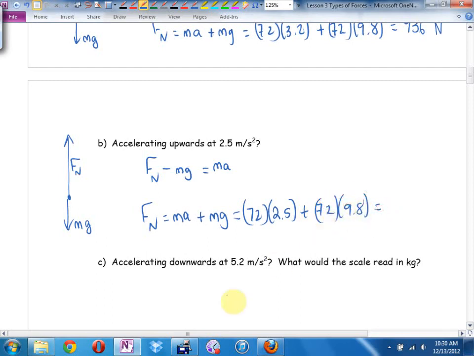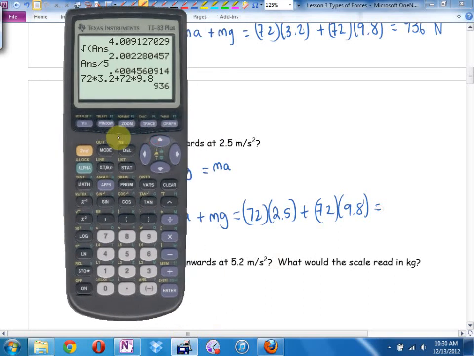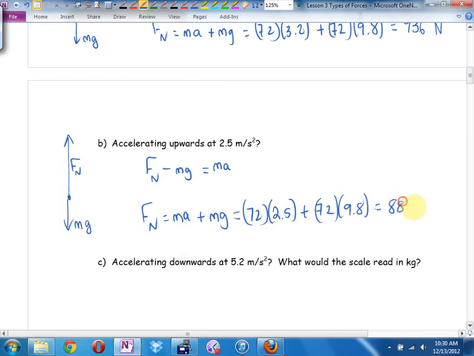What will this Newton scale measure? $885.6 newtons.